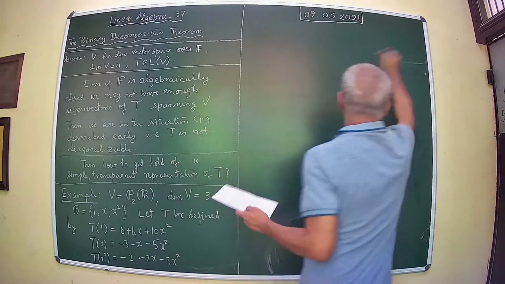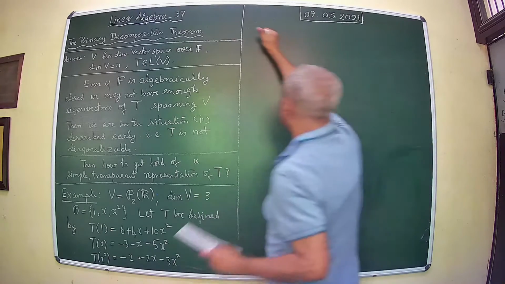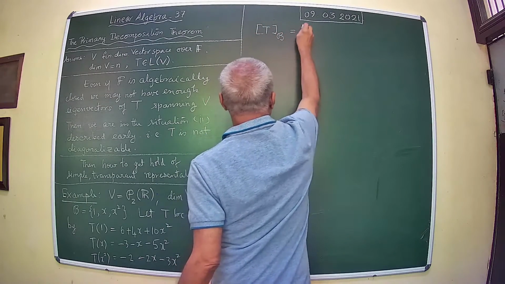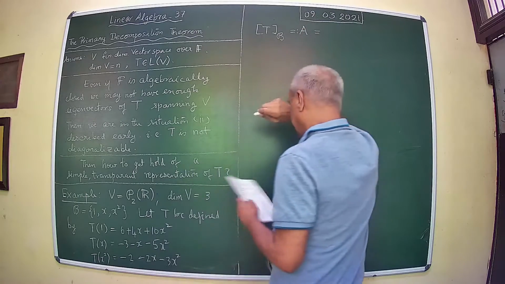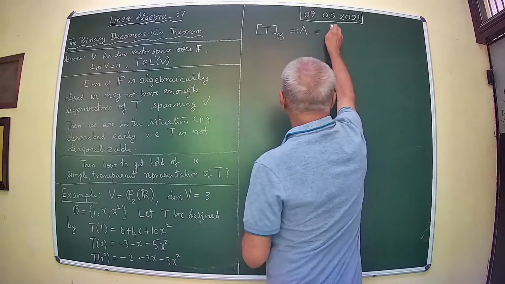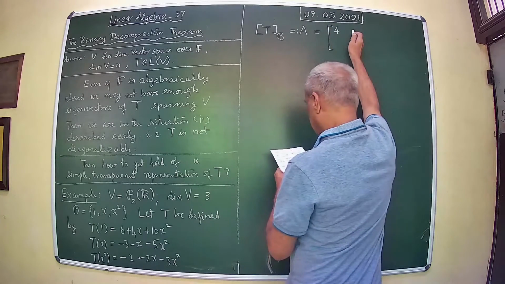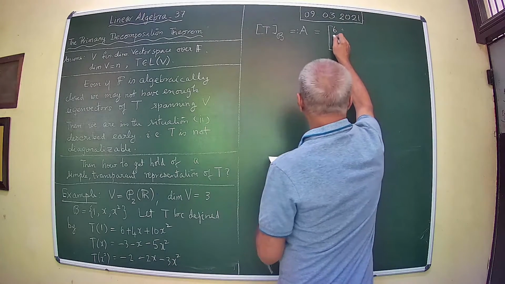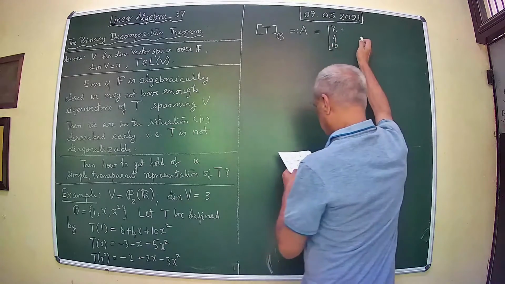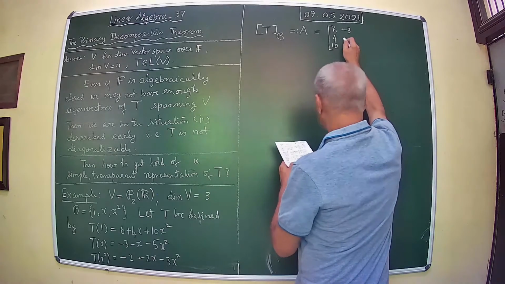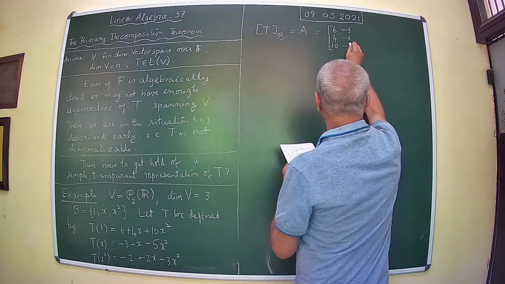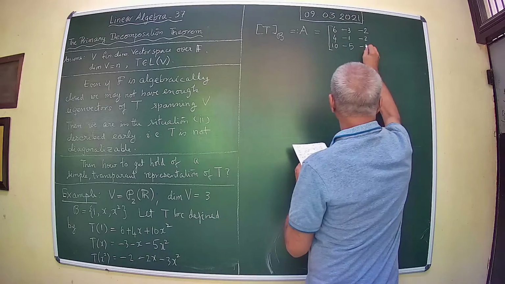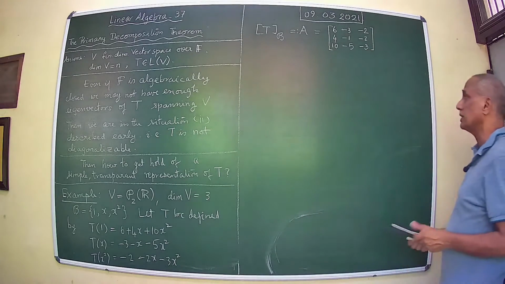Now you see that the matrix representation of T with respect to B is given here. This is the representation.